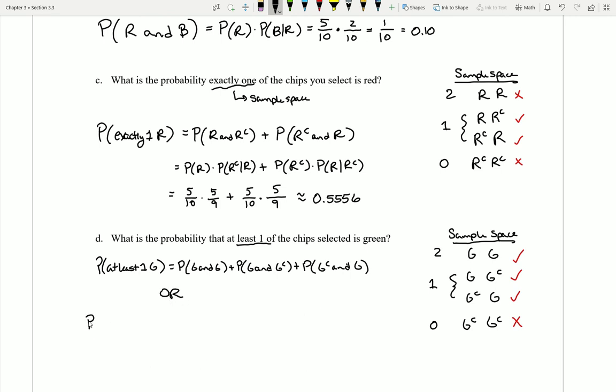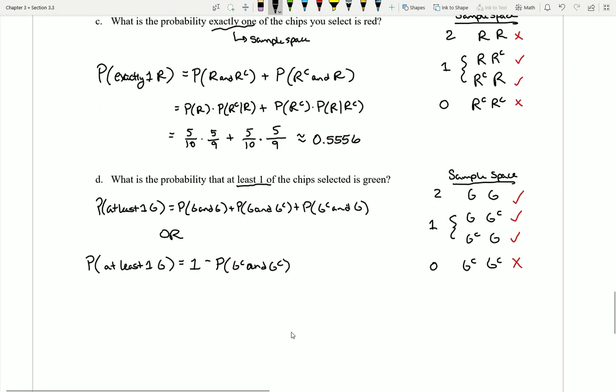So I'm instead going to choose to take the complement approach, which would say, why don't I take all 100% and chop off the only probability that I'm not interested in, which is a not green followed by another not green. This would say, what are the chances that you pull a not green?